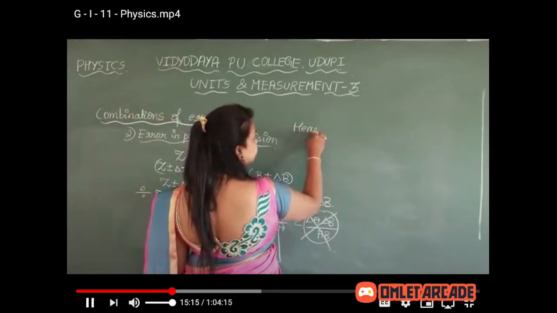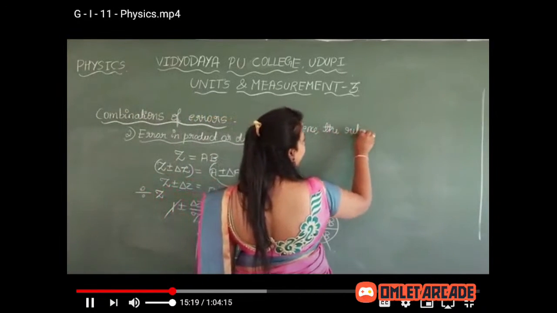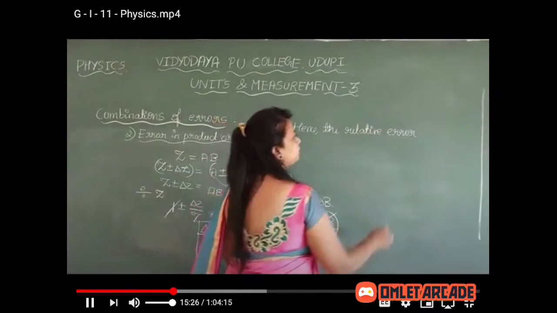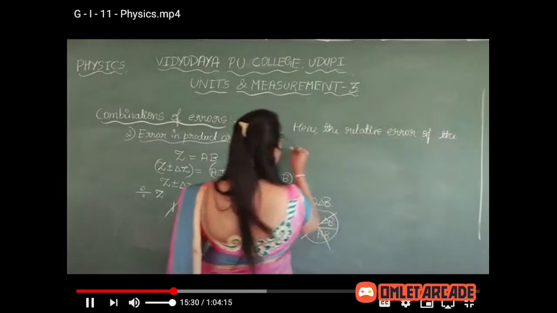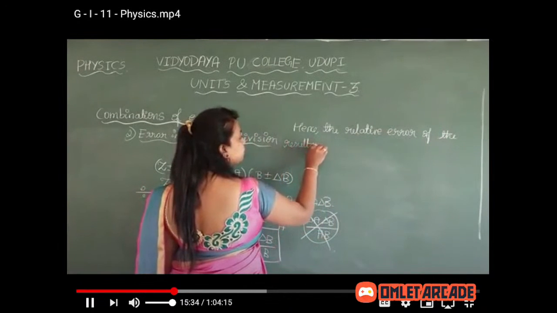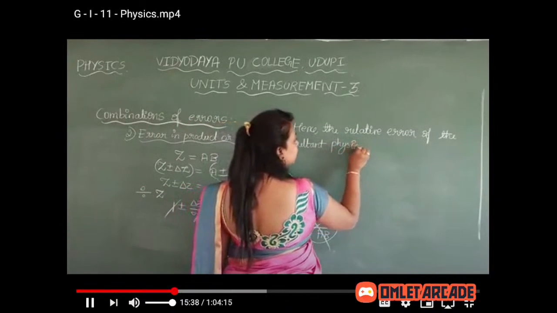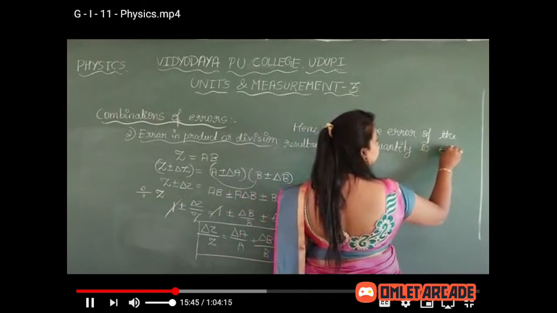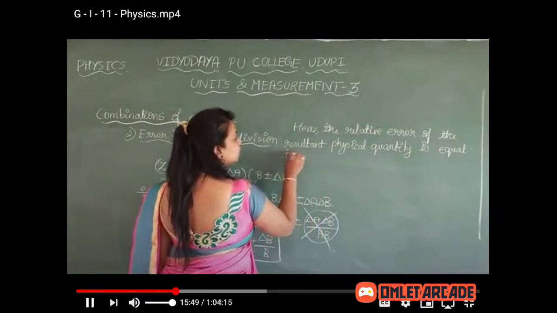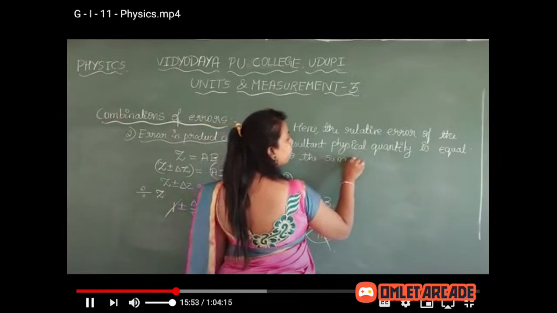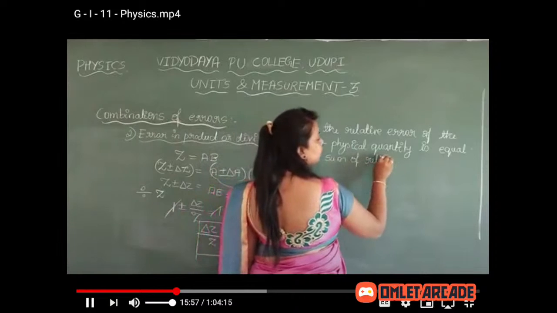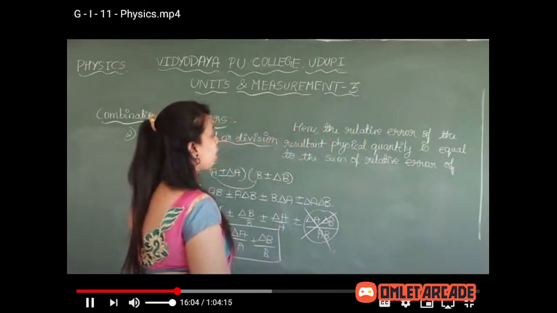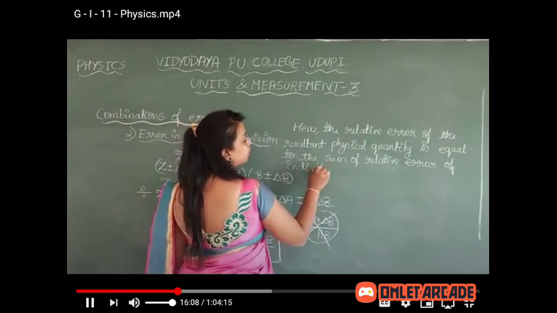Hence, the relative error of the resultant physical quantity is equal to the sum of the relative errors of individual physical quantities.